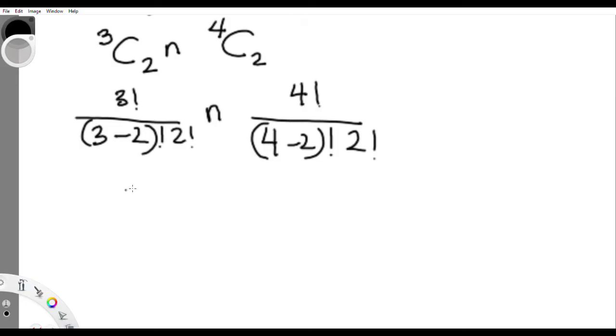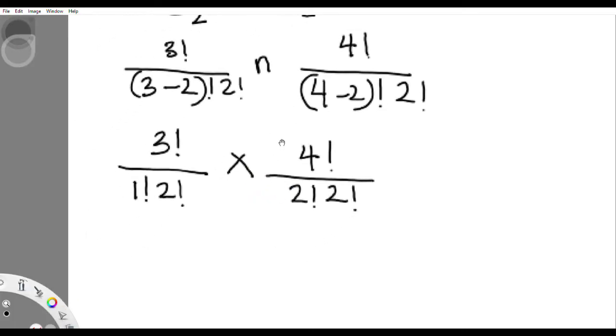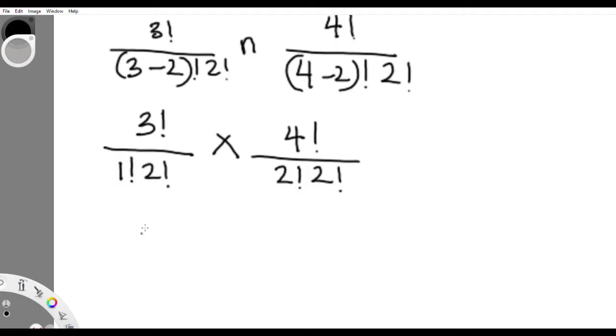Let's go this way: 3 factorial all over 1 factorial, 2 factorial. Remember, and is what? Multiplication. Now we have 3 times 2 factorial all over 1 factorial, 2 factorial.